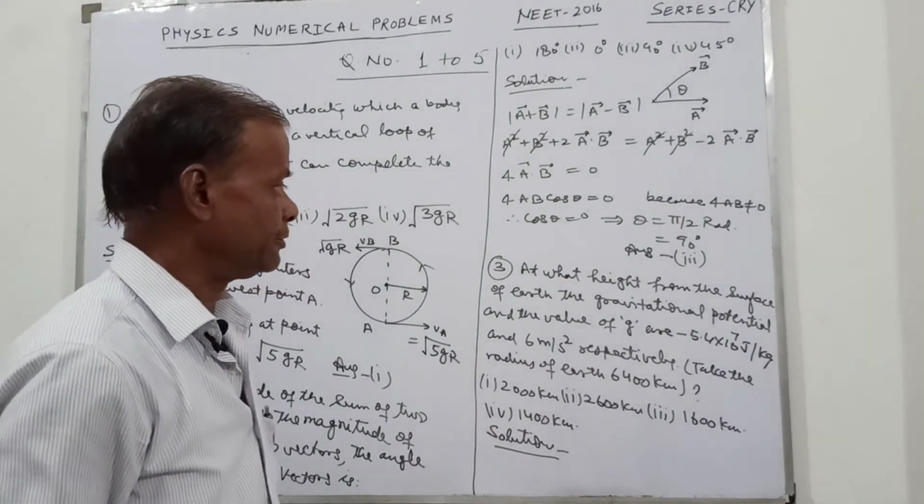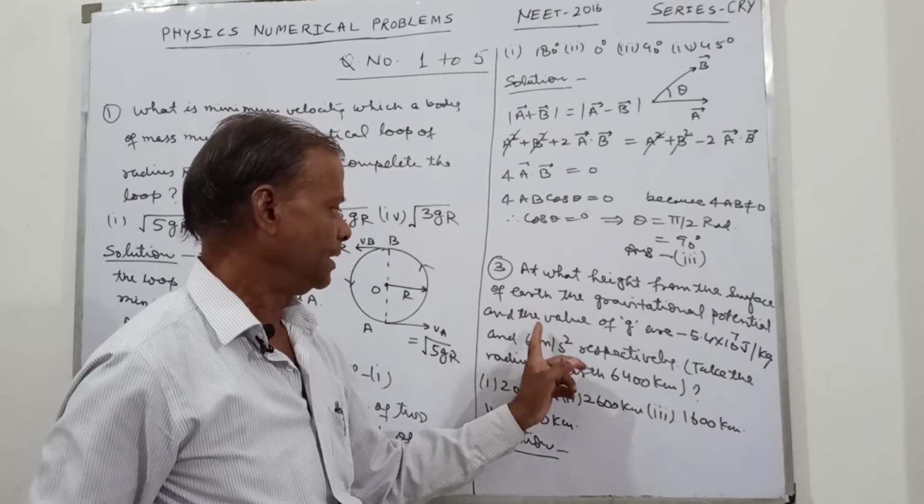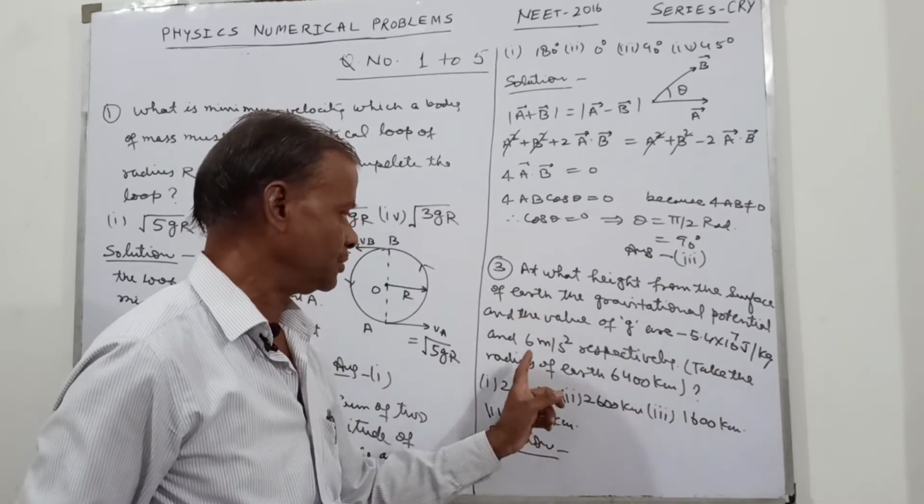We are given that at what height from the surface of the earth the gravitational potential and the value of g are so and so respectively.